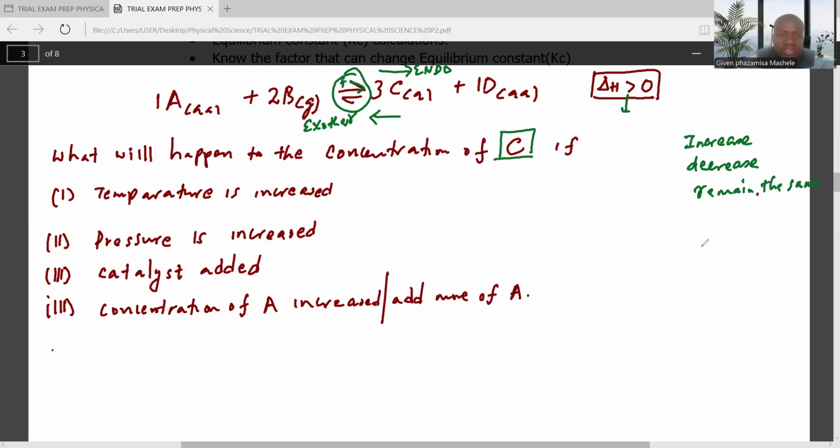Right, let's do this. Listen, we'll start with temperature. Number 1, we know that according to Le Chatelier's principle, an increase in temperature favors endothermic reaction. You must write this down.